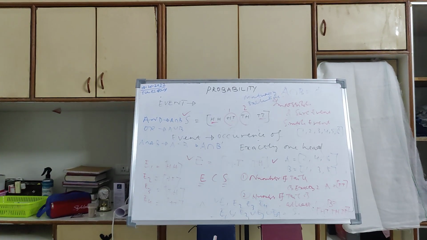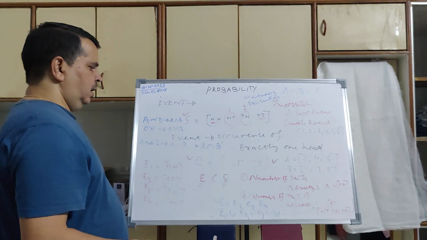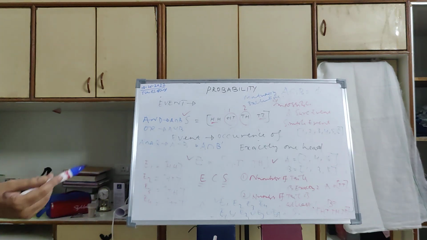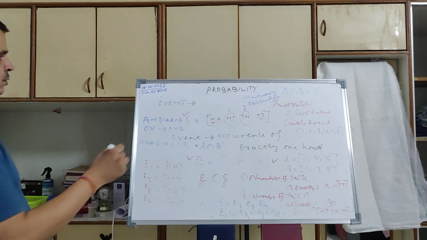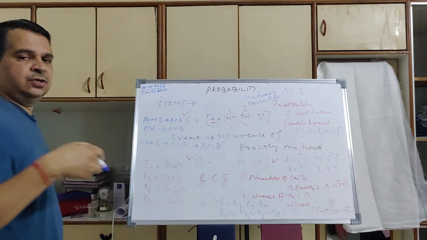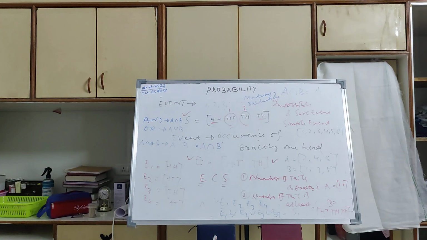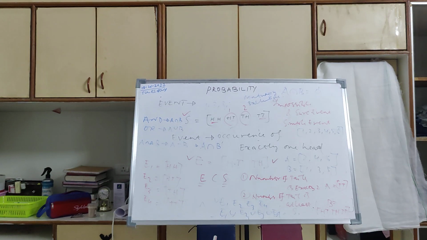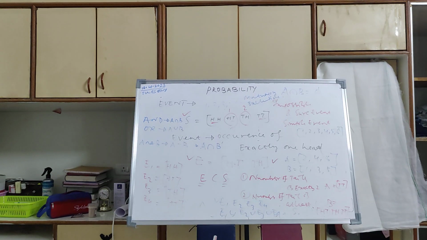Just to give an example, suppose you are rolling a die, 1, 2, 3, 4, 5, 6. The probability of getting 1 is how much? 1 by 6. The event is getting 1. The sample space is 1 to 6, so 1 by 6.